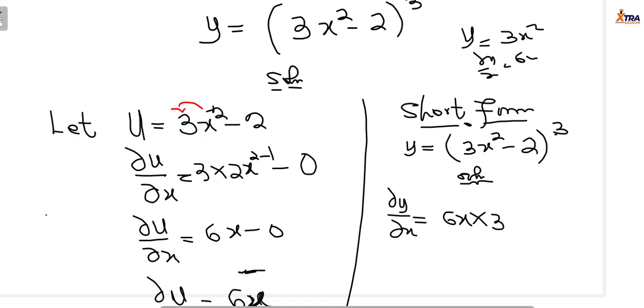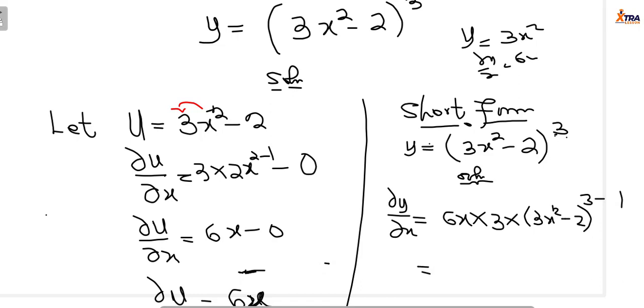Now this power, which is 3, will come down. We assume that the whole of this is also like x. So this 3 will come down. Now we repeat everything, then reduce the power by 1. So we have times, in brackets, 3x squared minus 2 all raised to the power 3 minus 1.